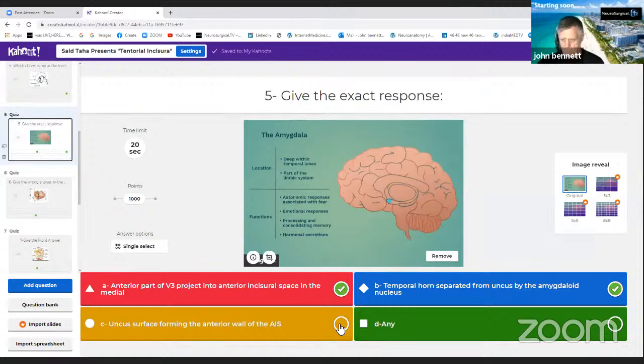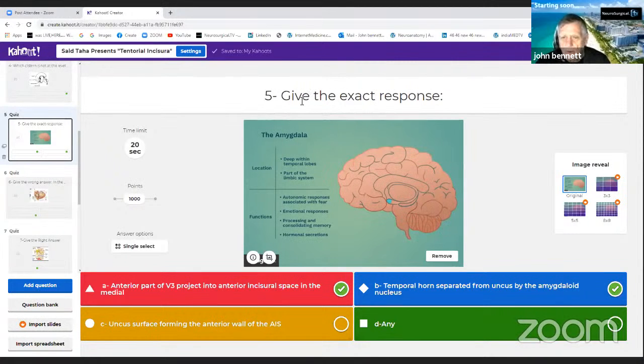And this gives the exact response. Anterior part of V3 projects into the anterior incisor space in the medial, project incisor space. Is this okay? In the sagittal plane. Wait, we can change the question here. It's a good question, but it's okay. What do you want to change?